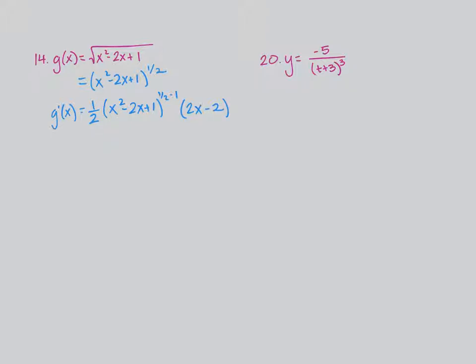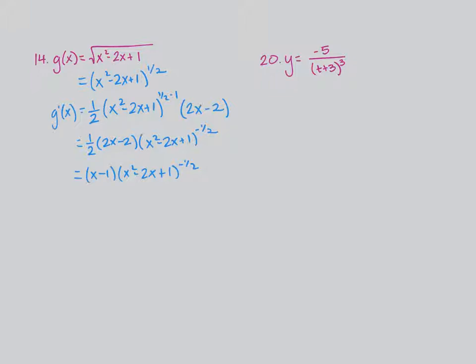So it looks very similar to chain rule, and in fact, it is very similar to chain rule. So when we simplify this, this becomes 1/2 times 2x minus 2 times x squared minus 2x plus 1 to the negative 1/2. You can leave it as such, or multiply that 1/2 through to the first expression, so that would be x minus 1 times x squared minus 2x plus 1 to the negative 1/2.